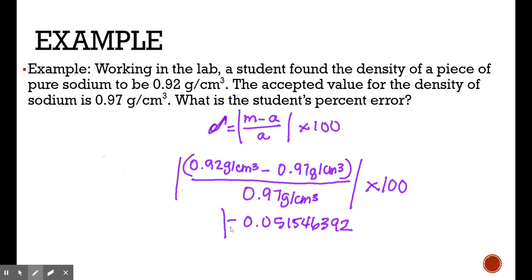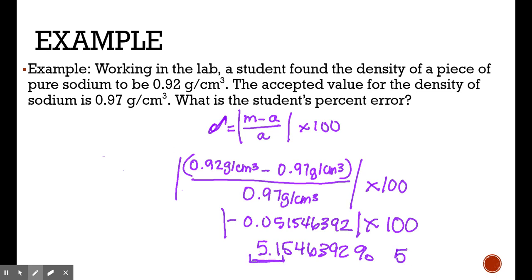But in this one, we're going to have to. So you take the absolute value of that and then multiply it by 100, and we get 5.1546392%. The numbers that were given in our problem have two significant figures. So we only want the first two significant figures. So our answer is 5.1%.